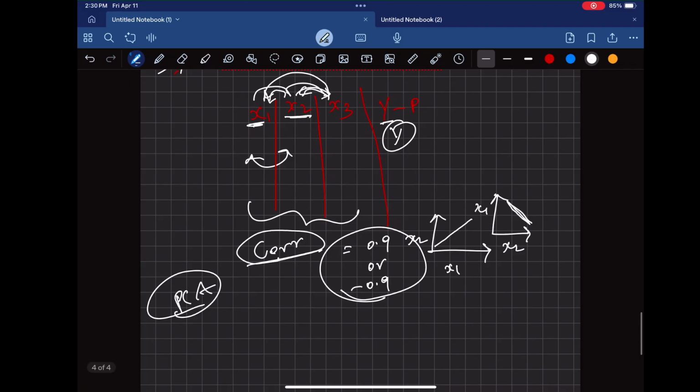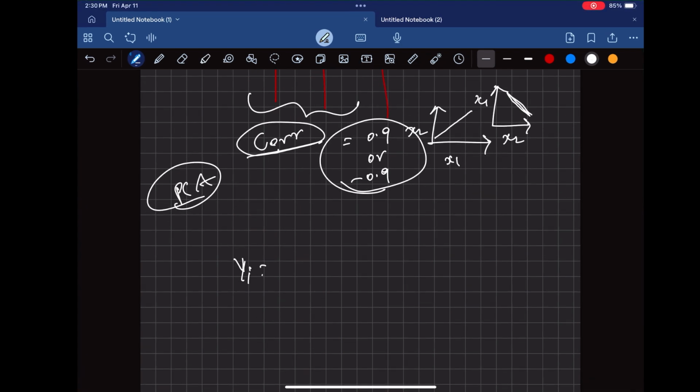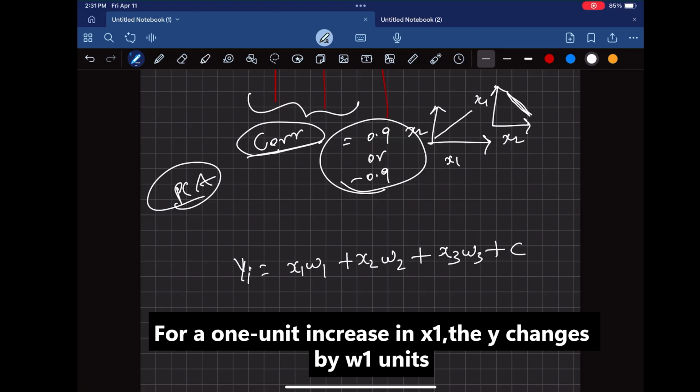Why should they not be multicollinear? For example, when predicting y, we have the expression yi equals x1 w1 plus x2 w2 plus x3 w3 plus there may be a constant. If you want to interpret this, it means for every 1 unit increase in x1, y will increase by w1, keeping all other variables constant.